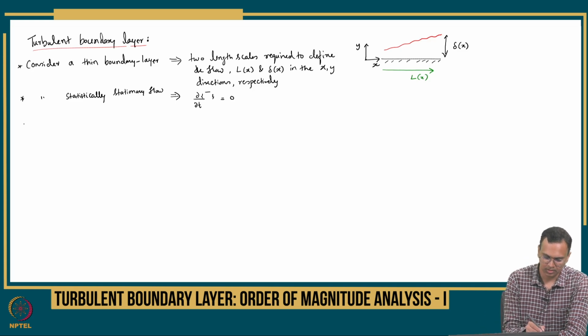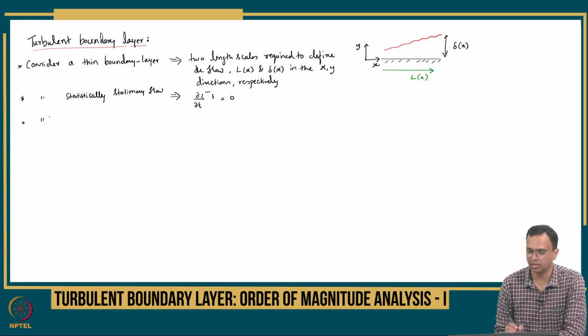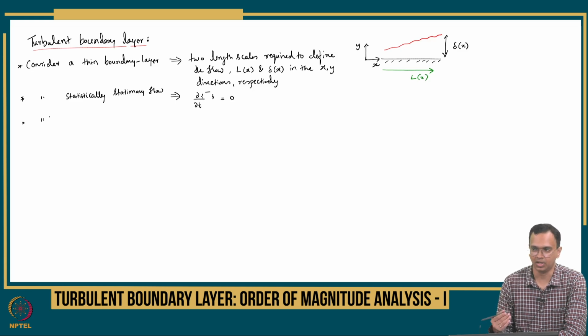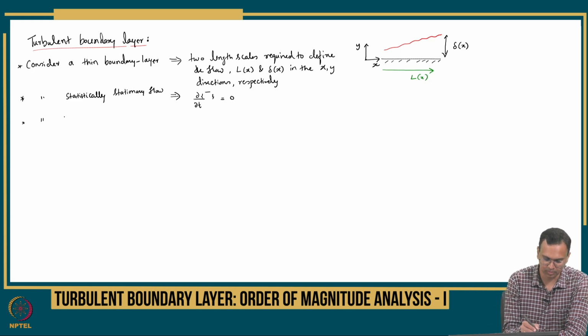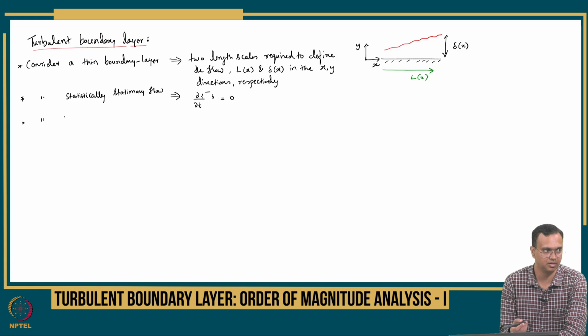Okay, and then I would also consider statistical homogeneity in one direction. So I'm going to take a planar boundary layer. Turbulence is still 3D here, but from the mean flow dynamics point of view, it will be a planar boundary layer. That means the out-of-plane z direction, I am taking it as homogeneous. We already studied what statistical homogeneity is.